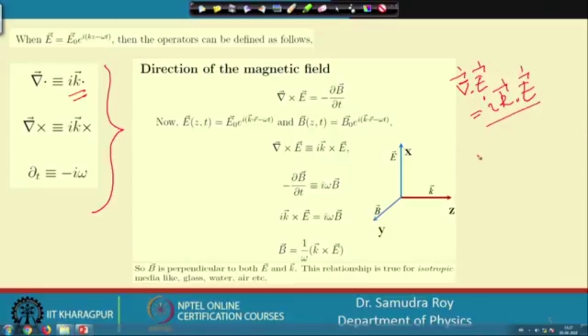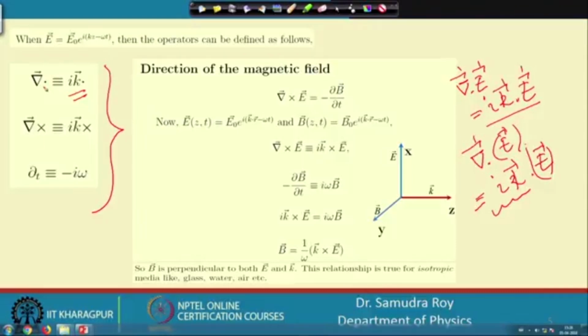So, from here I can see that if this is the operator operating over E, and E has a plane wave solution, this is equivalent to i k operating over E. So, from here we can say that i k is equivalent to this operator. We are going to use this in several places. So, that is why it is important.